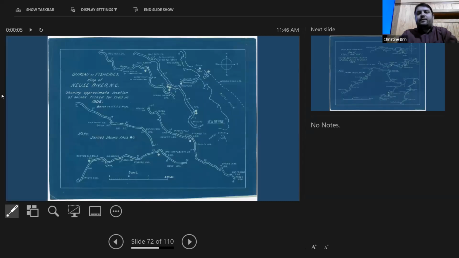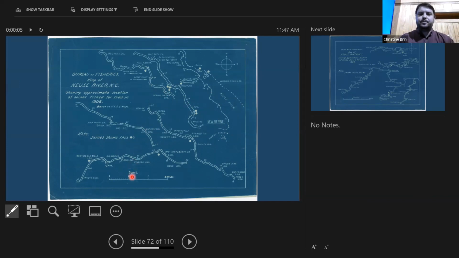And then this is a map from 1906. So you've got the Neuse River broken up into sections, and these solid white dots, those are where these whole seines are located. So this is where it starts with New Bern right here. And then this is your next section, followed by this one, this one, and this one.